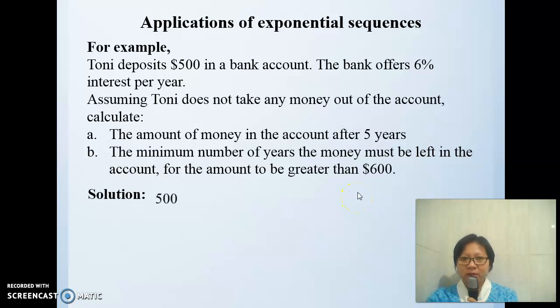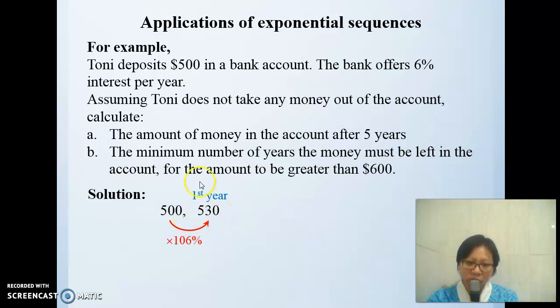First, let's make a sequence here. Start from 500, and then at the end of the first year, Tony will gain $530 from 500 times 1.06 here, like this one.